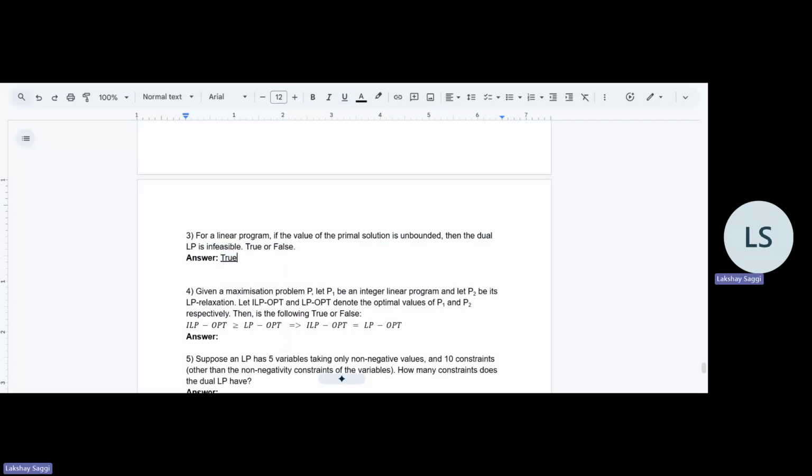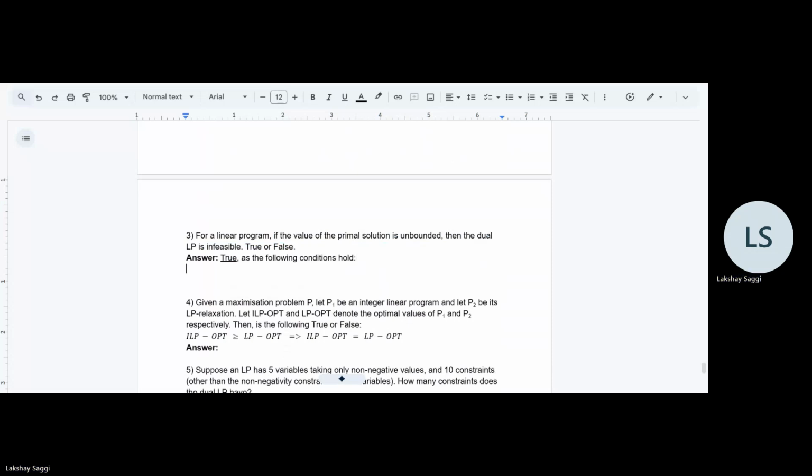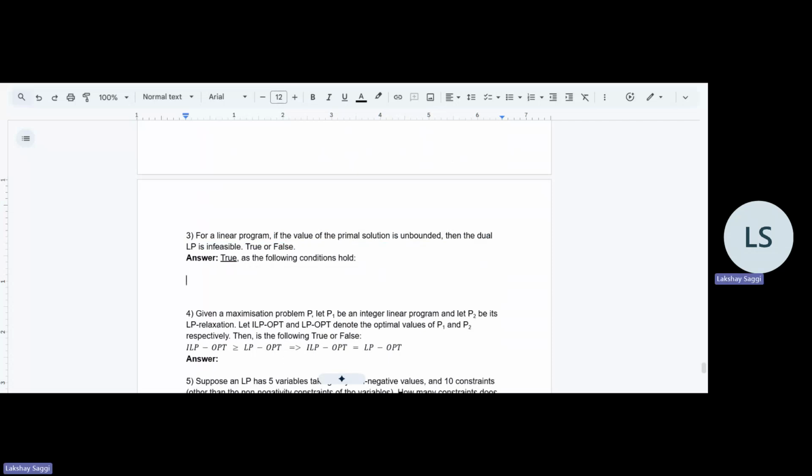This is a property you should just know. I don't know if it has been discussed properly in the lectures. I don't think it has been, but I think this is very important to know. So this is actually true.